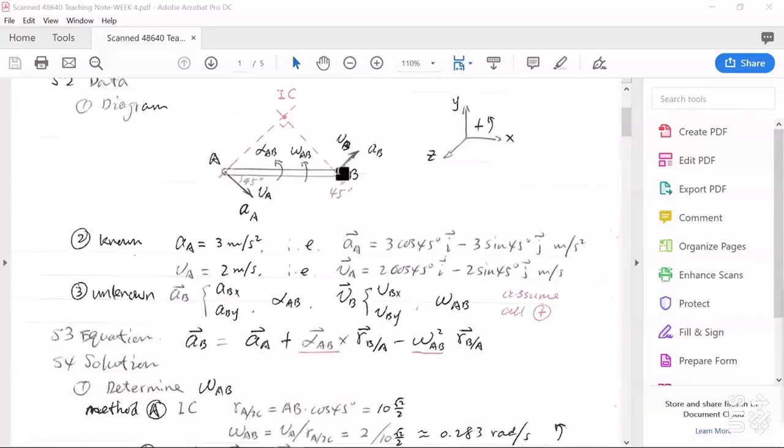I can draw another line going through point B and perpendicular to VB. These two lines have an intersection point, and this intersection point is the IC point at this instant when rod AB is horizontal.